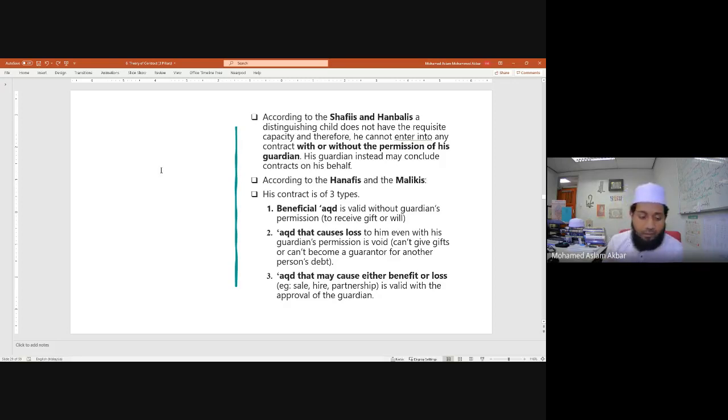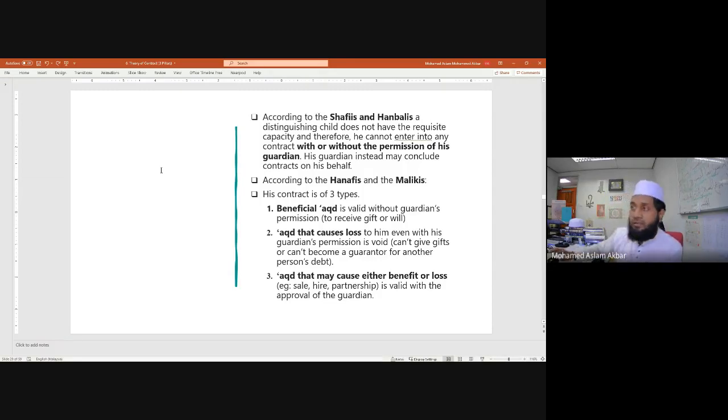It was incomplete, but after the birth it becomes complete. So when it becomes complete, it will receive both the rights and also the obligations.